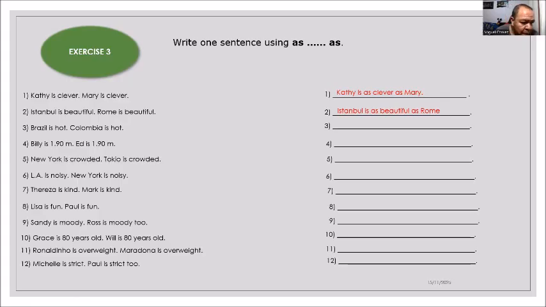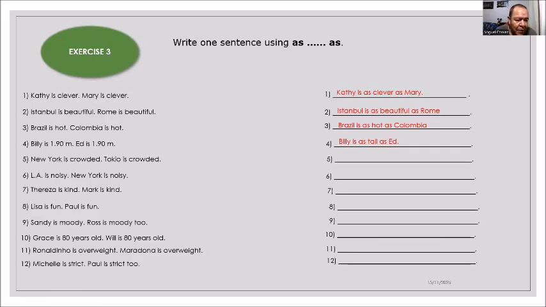Number 3. Brazil is hot. Colombia is hot. Brazil is as hot as Colombia. Number 4. Bill is 1 meter 90 centimeters. Ed is 1 meter 90 centimeters. Bill is as tall as Ed.